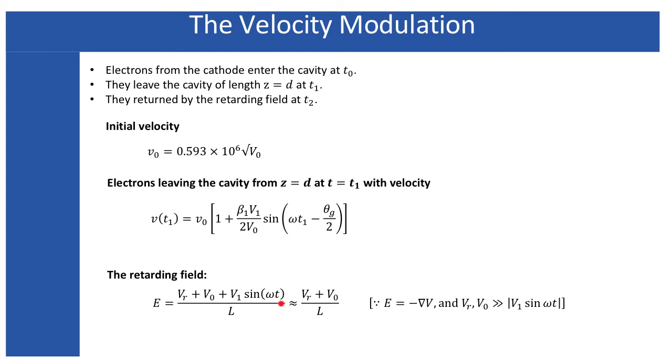That is why it is the total voltage divided by the separation between them, because I am considering the one dimensional case. Now since this V1 sin omega t, or the peak amplitude V1 of the cavity gap voltage, is very small compared with the repeller voltage as well as the DC voltage used to produce the electron beam, we can neglect this part compared with VR and V0. So finally the retarding field can be written as shown over here.